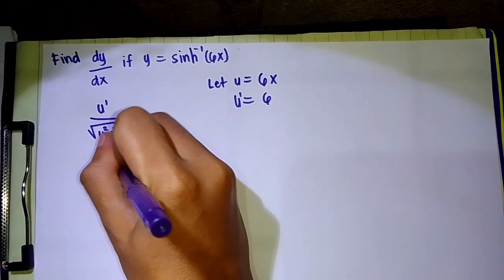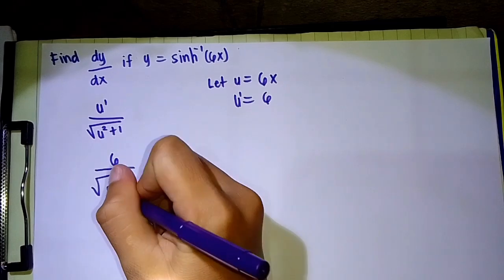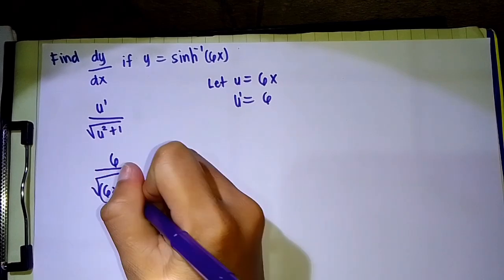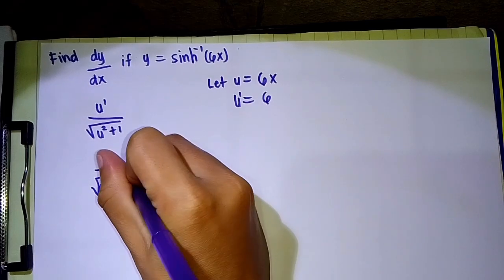So 6 over the square root of (6x) squared plus 1.